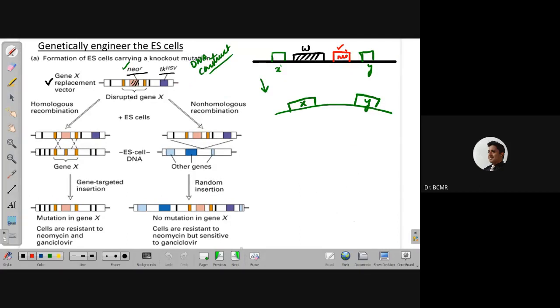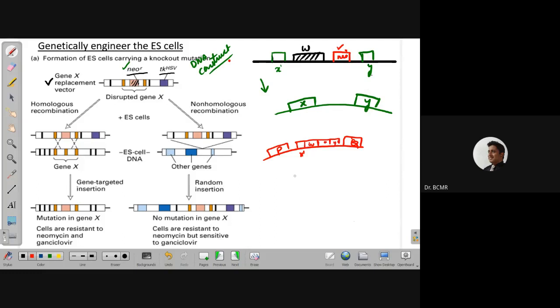We have an issue because if we introduce a DNA construct like this into the cell, it may integrate here through homologous recombination. But there is also a possibility that the same thing could go and integrate somewhere else, say, where there is a gene P and gene Q. The whole thing might go and integrate there: X prime, W, neomycin phosphotransferase, and also the Y prime.